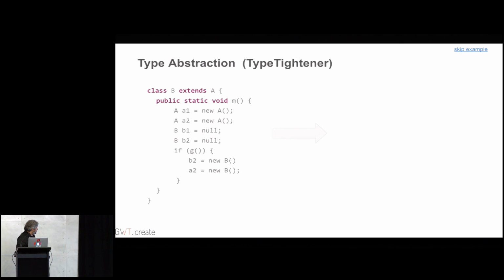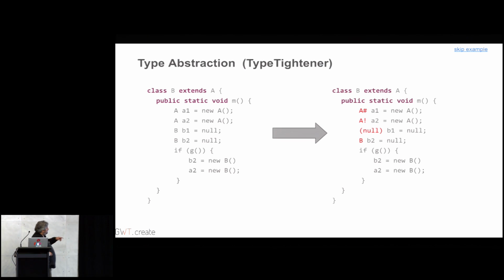And similar for B. So for B1, it's only assigned null, so we'll change that to null type. And for B2, it can either be null or B, so it returns the type B.